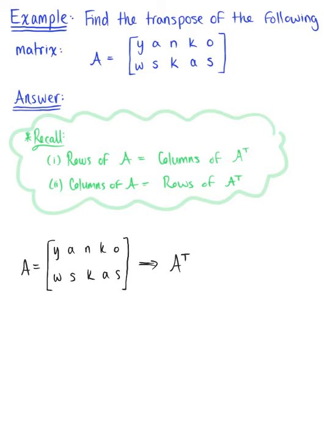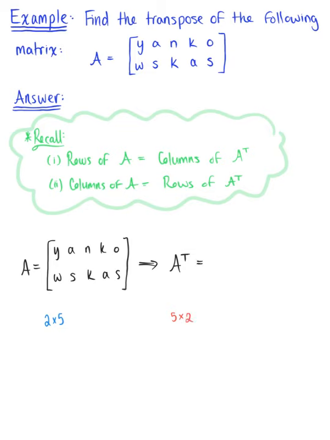So the first thing I want us to observe is the size of matrix A. We can see here that matrix A is a 2 by 5 matrix. So, since we're interchanging the rows and columns of matrix A to attain the transpose of matrix A, without mapping anything, we automatically know that the transpose will be a 5 by 2 matrix.